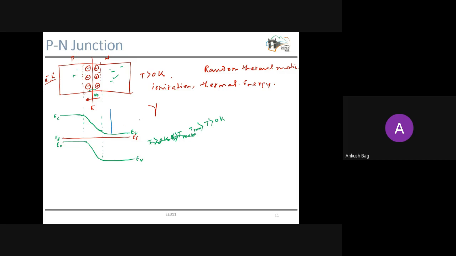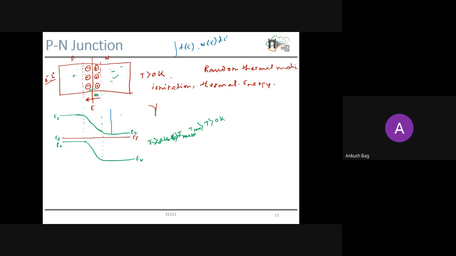Why? Because in the previous module we calculated the electron concentration in the conduction band by combining the Fermi statistics and the density of states, multiplying and integrating above some energy level. We calculated the number of carriers which may be available in the conduction band, and in the valence band.